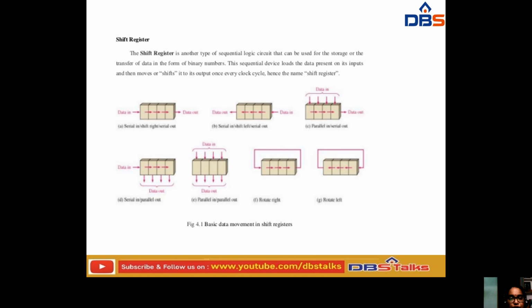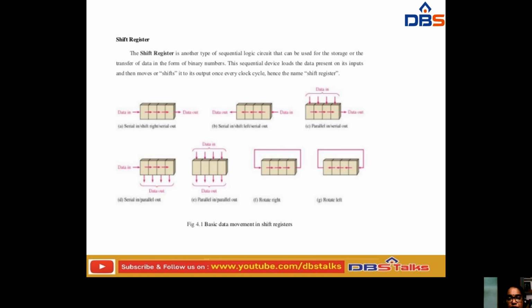The main purpose of the shift register is, if we are placing some data, it is another type of sequential logic that we apply there, and basically it is used for the storage and transfer of the data in the form of binary numbers.